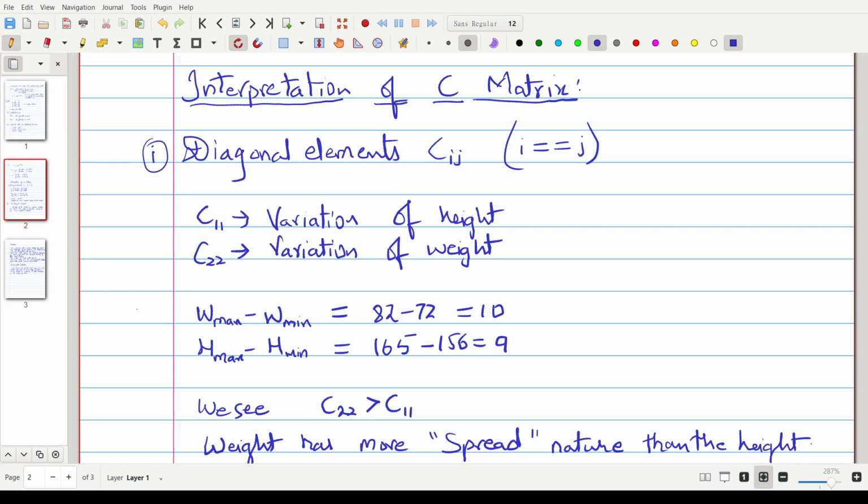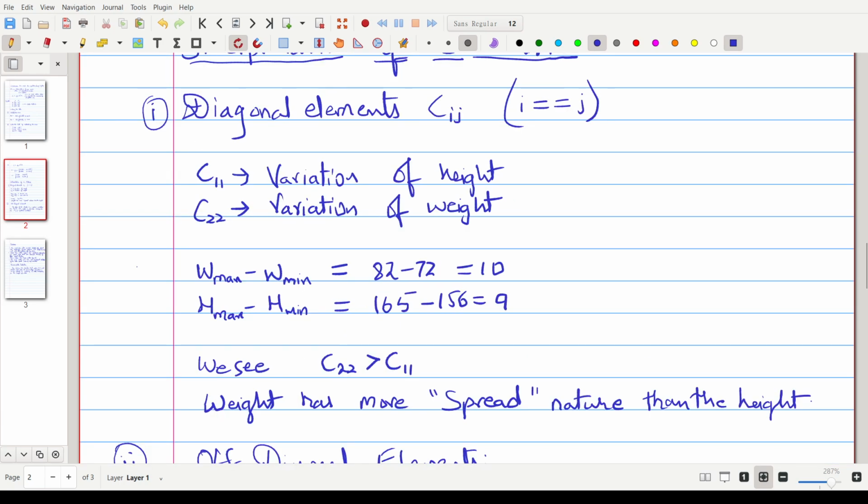Now we move on to the interpretation of the C matrix. Firstly, the diagonal elements are the elements where i equals j, along the diagonal. C11 gives the variation of height with itself, and C22 gives the variation of weight with itself.